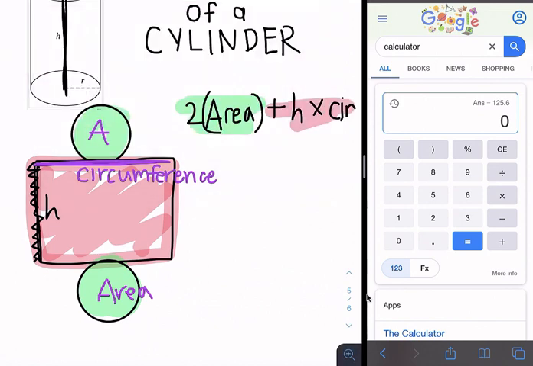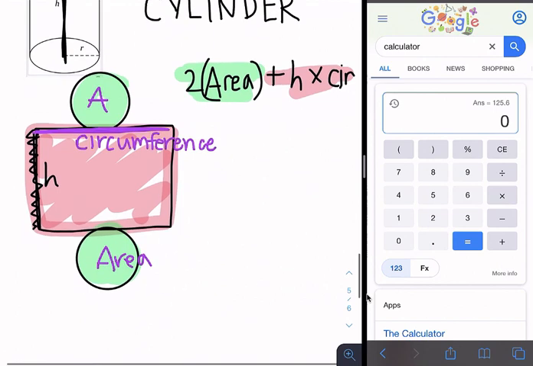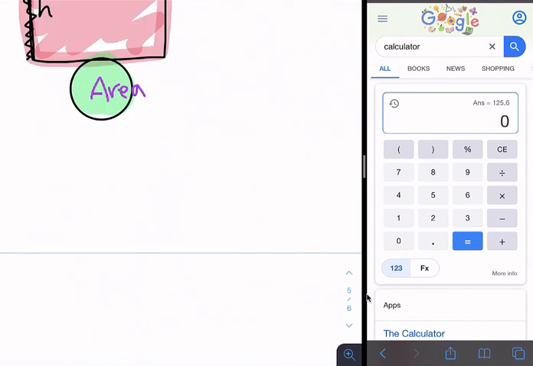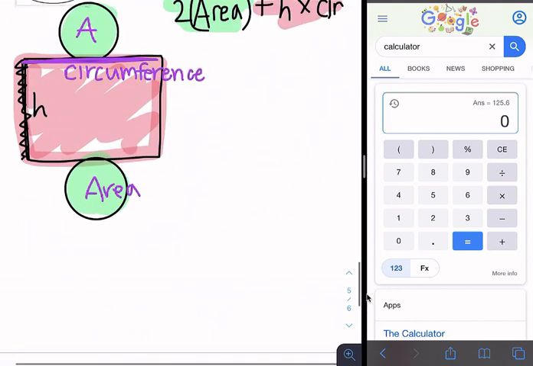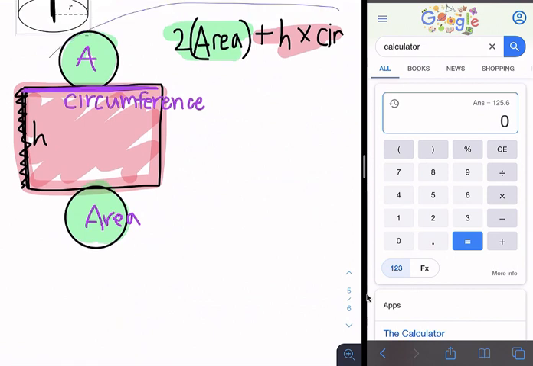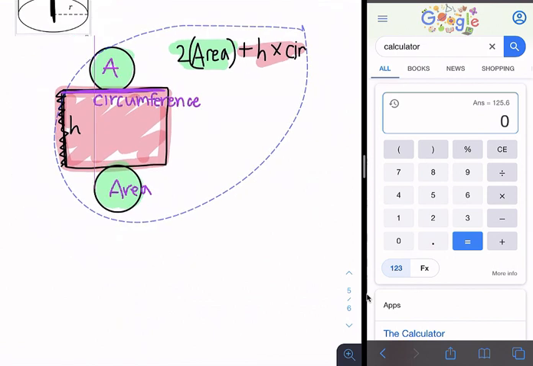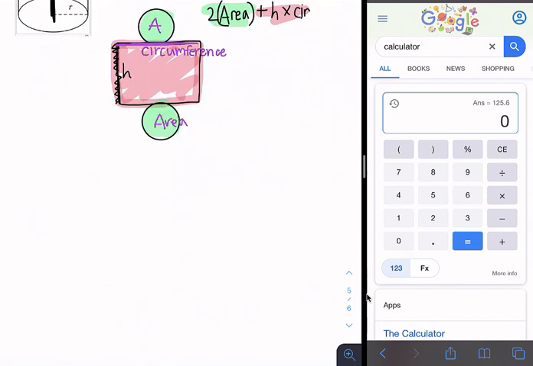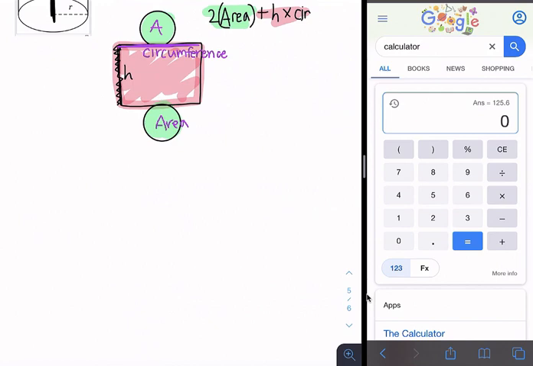All right. So, we are going to try this. I'm going to make this smaller so that we can see it while we are doing our calculating up here. Okay, so my cylinder looks like this.